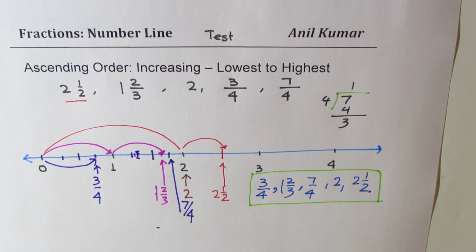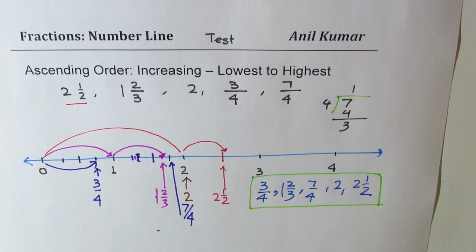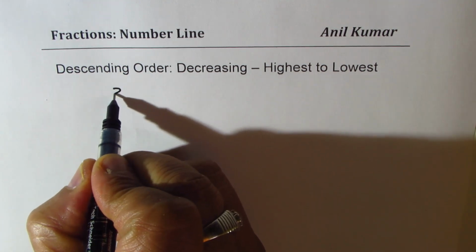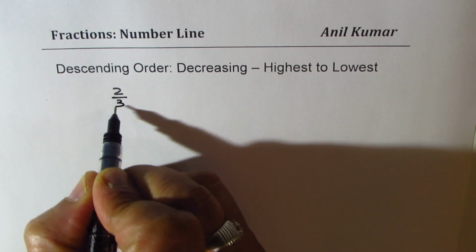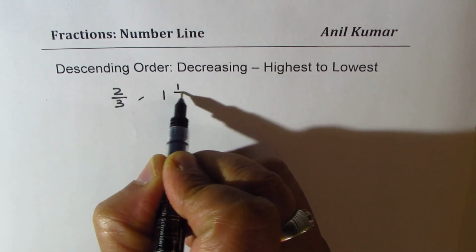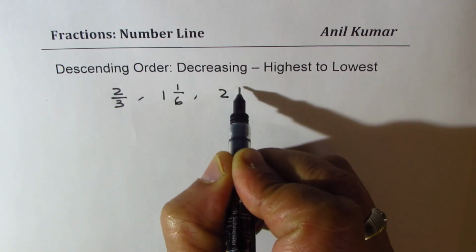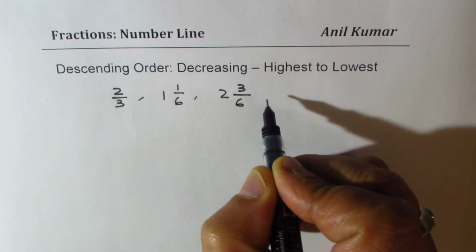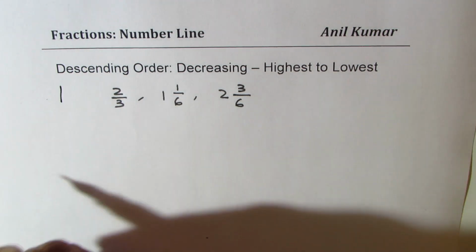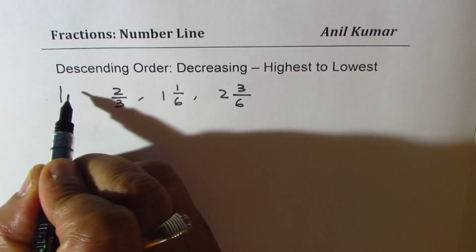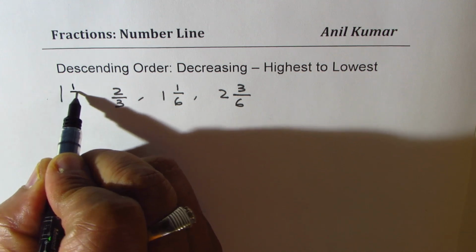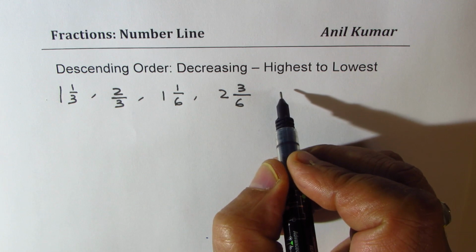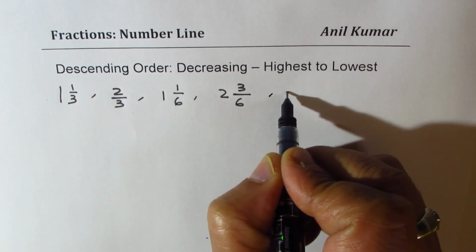Now let's take up another example that will be on descending order, decreasing. Now this time, let me give you some numbers here. Let's say the numbers are 2/3, 1/6, 2, 3/6, and let me write a number here, 1/3, and let me write one improper number, which is with denominator 3.